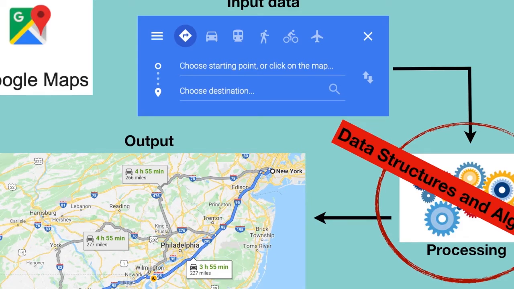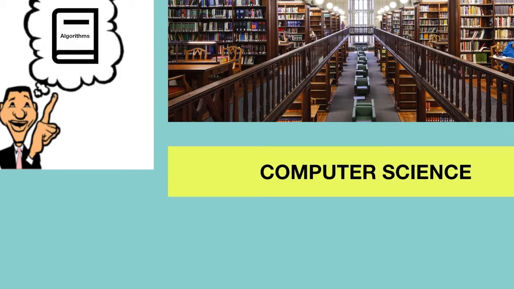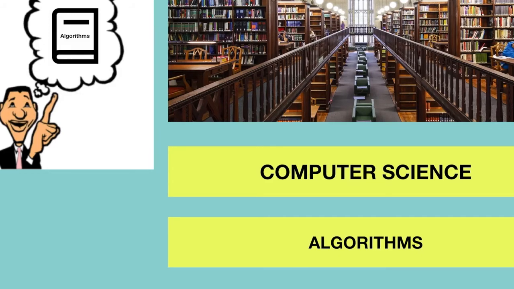Let's look at another example. By now we know that data structures refers to the way we organize information on our computer, and this has a great impact on performance. Okay, suppose you want to have a book on algorithms from a library. To get it, first you have to go to the computer science section, then the algorithms section.